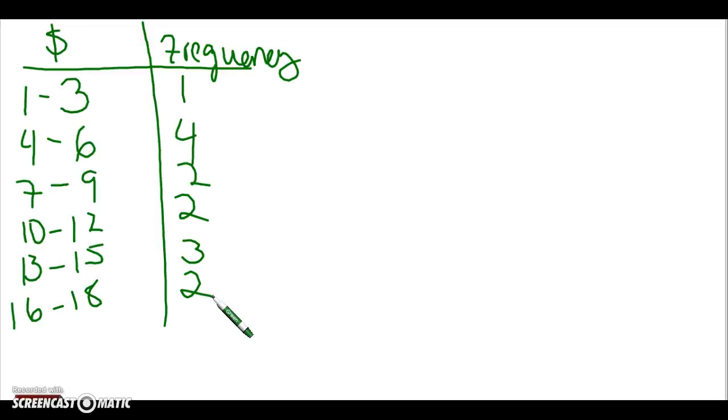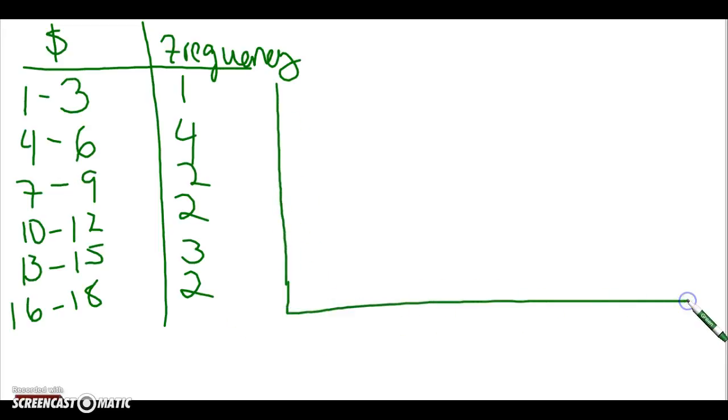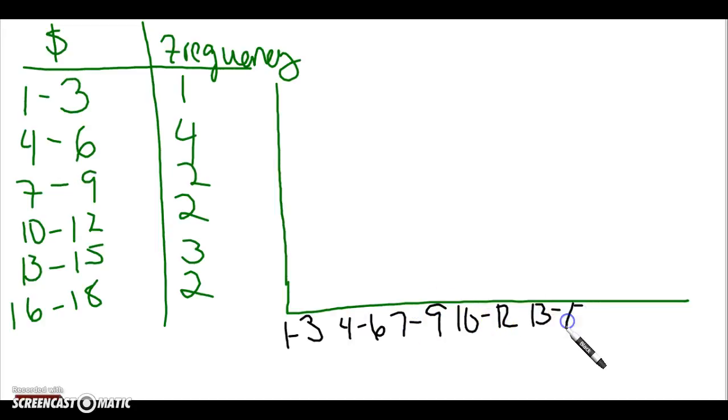All right. So let's see. We will make our table now. And I'm only going over so far just to make sure I have enough space. So we'll say 1 to 3, 4 to 6, 7 to 9, 10 to 12, 13 to 15, 16 to 18.